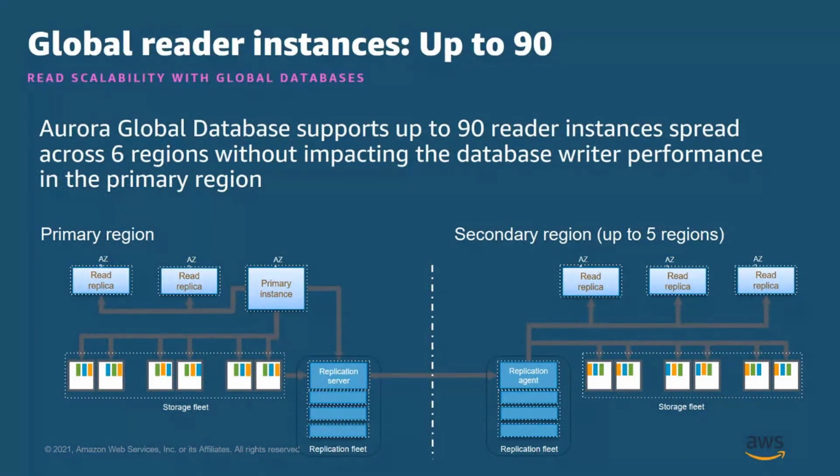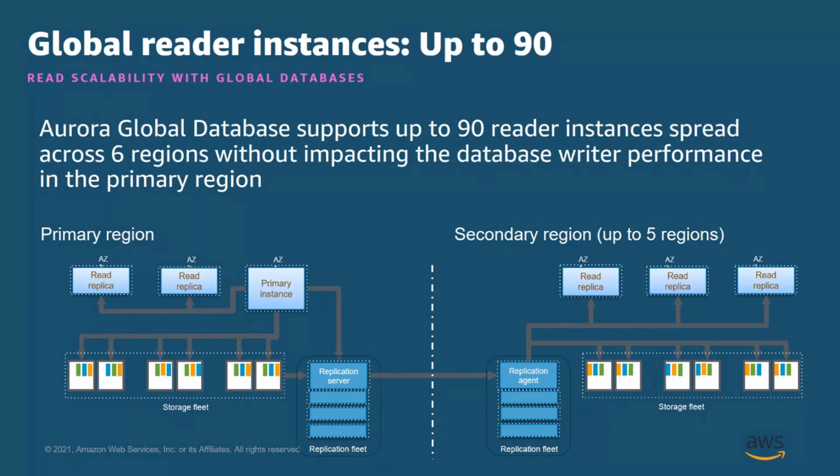All right. So, as I was saying, using global databases, you can replicate your database to up to 5 secondary regions. And then within each region, you can have up to 15 replicas. So, 5 secondary regions and one primary makes a total of 6 regions, and each region can have up to 15 read replicas.